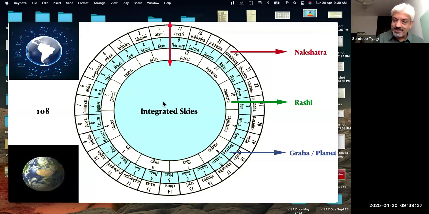Why 4? Because each 13 degrees 20 minutes segment of a nakshatra is broken up into 4 parts of 3 degrees 20 minutes each. So 4 padas, or 4 parts, of a nakshatra multiplied by 27 nakshatras leads to 108.